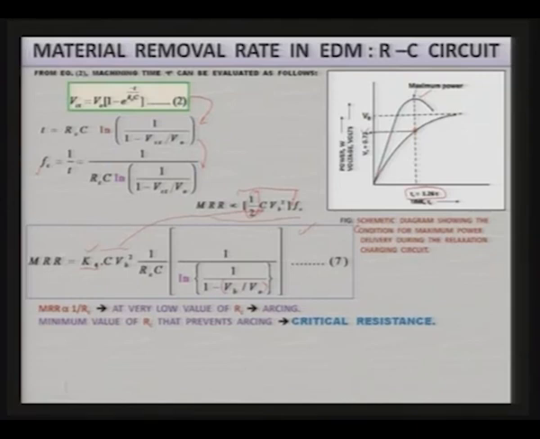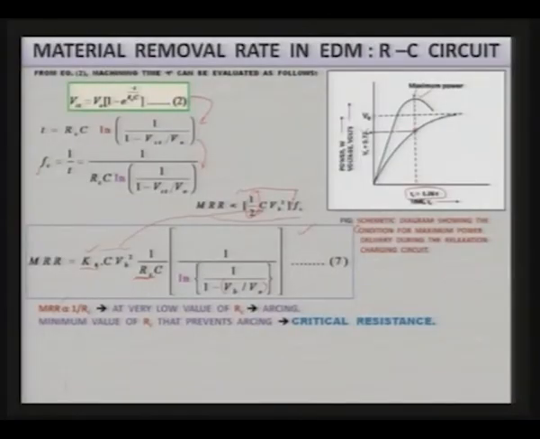Now, it is very clear from this that MRR is proportional to 1 by R_c C, that is, inversely proportional to the charging resistance. This simply means that if you keep decreasing the value of R_c, material removal rate will keep increasing. So, at a very low value of R_c, you can keep decreasing it, but there is a limit.